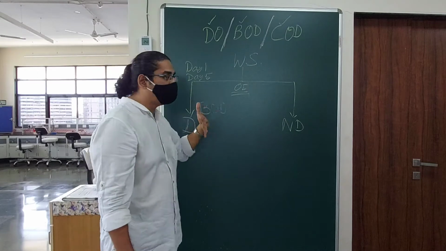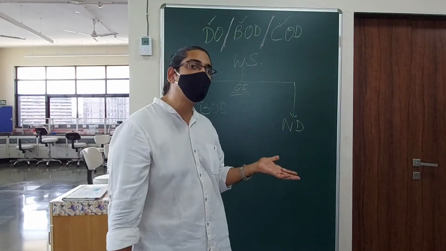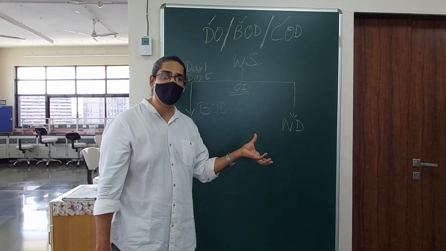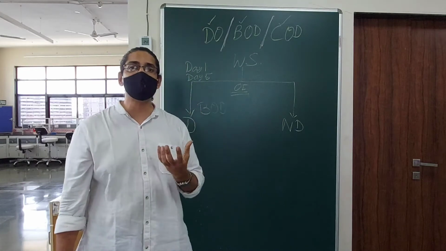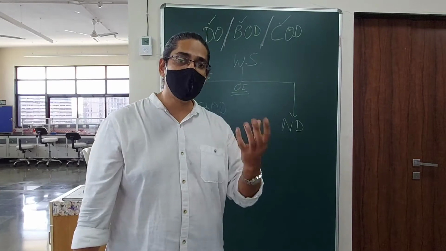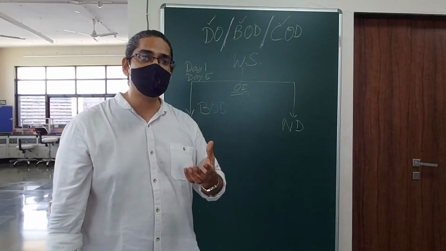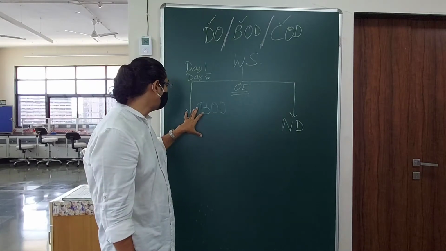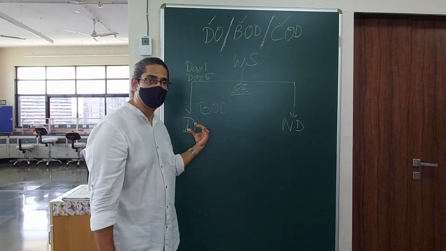Now here you allowed the bacteria to consume oxygen. That's why it is biological oxygen demand: how much oxygen is demanded or used up by the bacteria to decompose or oxidize the organic impurities.